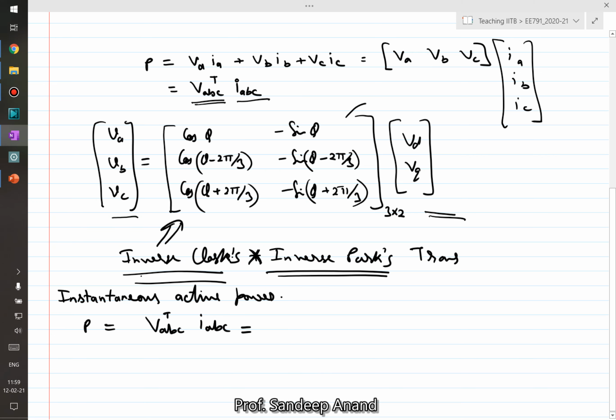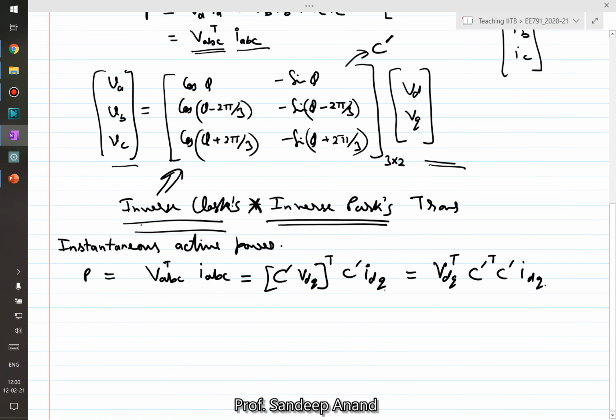Let me just call it C prime, right? So V ABC is C prime into V dq, and I ABC is C prime into I dq. Further simplifying this will give me V dq transpose into C prime transpose into C prime into I dq.